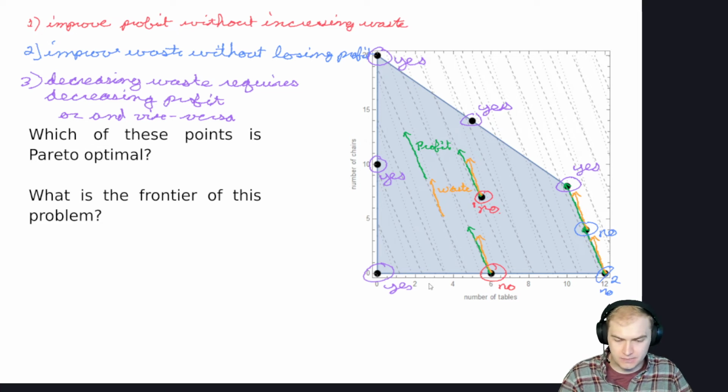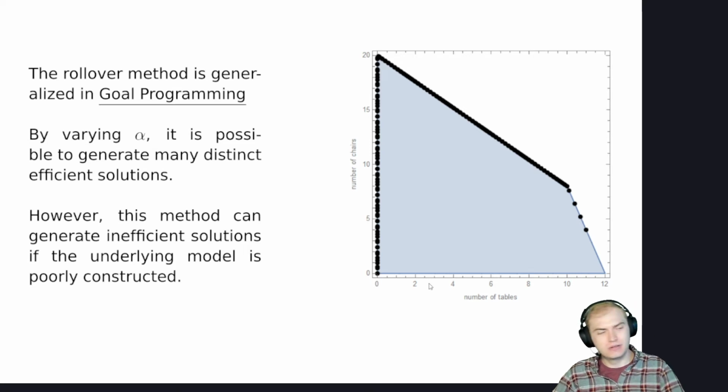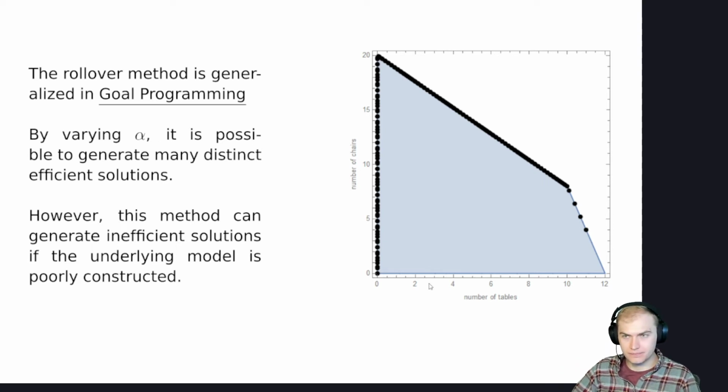So what I did is I did the rollover method, maybe 100 or so times, with different values of alpha, and enumerated the entire Pareto frontier for this problem, or I got many of the points that are on the Pareto frontier.